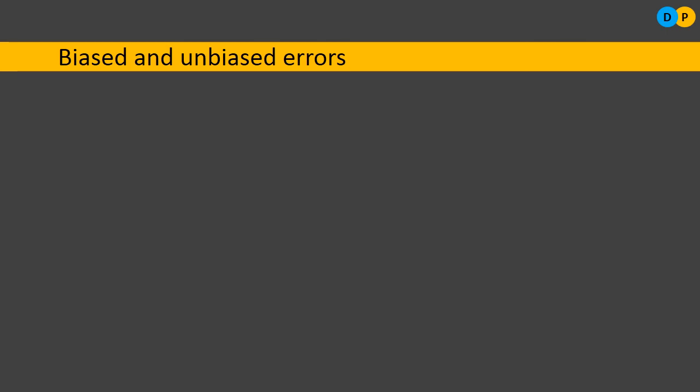Next, biased and unbiased errors. So what do you mean by biased? Bias is nothing but having a certain influence towards an individual. Let us say there are two friends, and among them there is a dispute regarding money or some other property. So they need to settle it, and they approach a common friend.